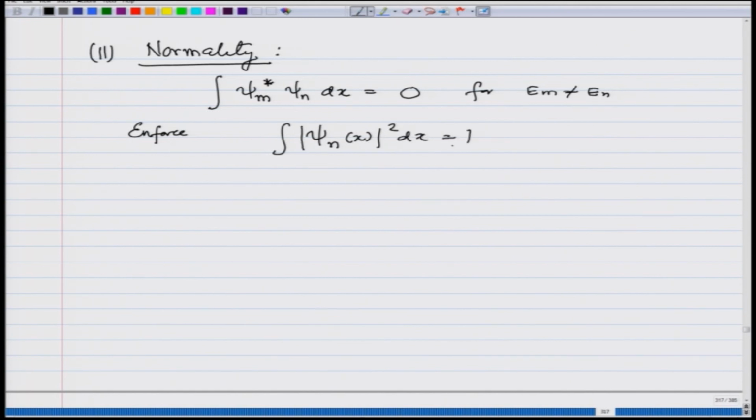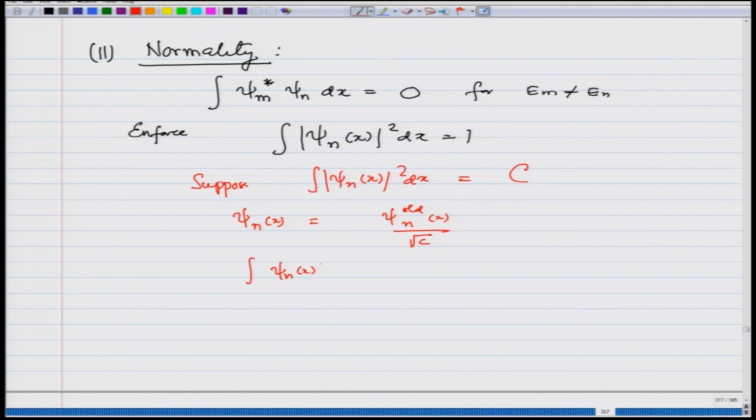Suppose it is not 1, suppose the integral of |ψn|² dx is equal to some number c, then I can always define a new ψn(x) which is equal to the old ψn(x) divided by square root of c, so that this condition of normality is going to be enforced, because I can always multiply a solution of differential equation by a constant.